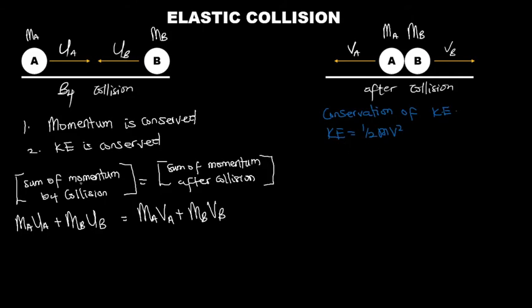So the same concept of conservation of linear momentum is applied, but in this case we have half the mass of A, then the initial velocity of A squared, plus half the mass of B, initial velocity of B squared, as the kinetic energy before collision. Now the kinetic energy after collision will be half MA VA squared plus half MB VB squared.